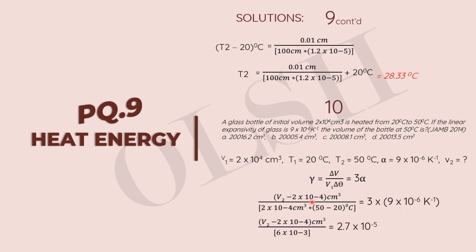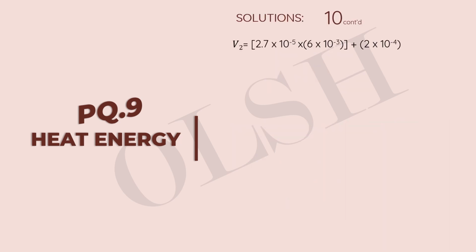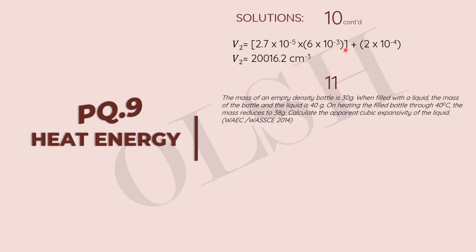We can then move on. Once we've simplified this denominator, we can simplify further to get V2 as this. If we type this into a calculator, we're going to have V2 as 20016.2 centimeters cube.